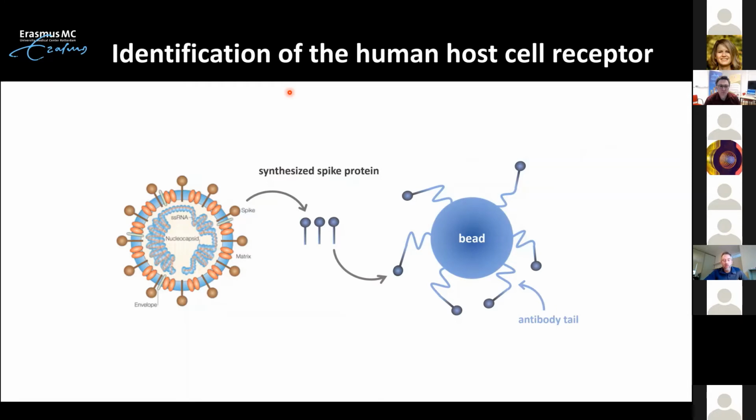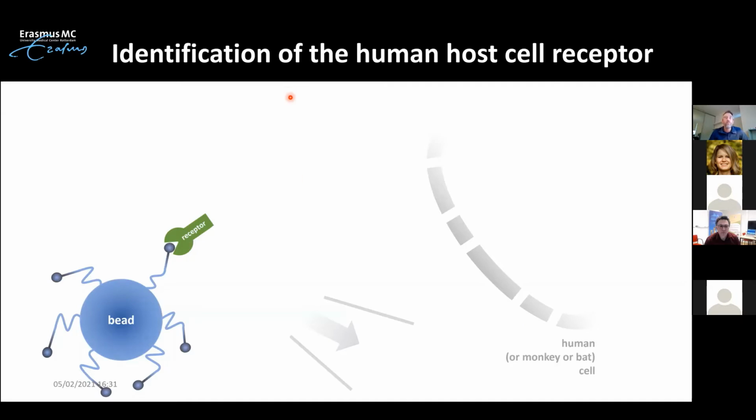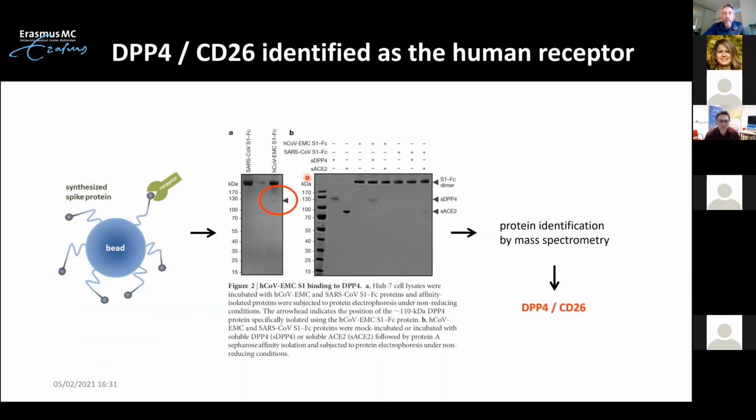The MERS coronavirus spike protein S1 is a type 1 membrane glycoprotein, and so we then used a rather standard bottom-up mass spec-based proteomics workflow to identify the unknown receptor.